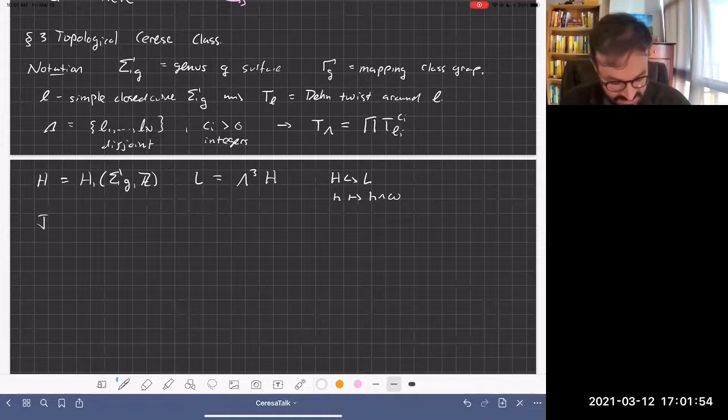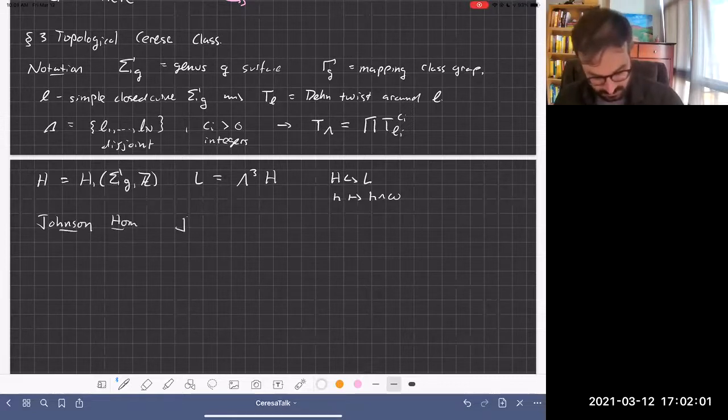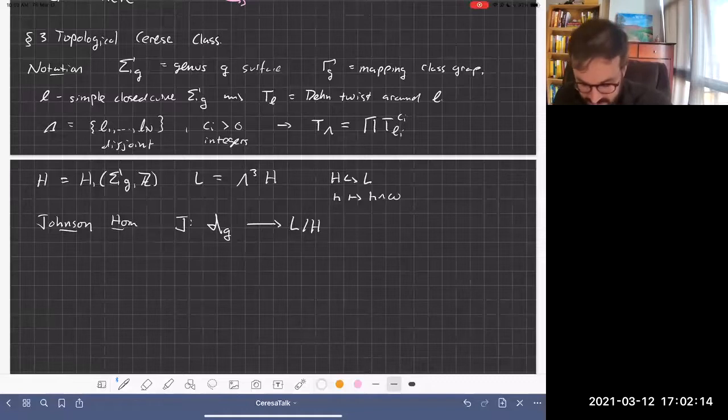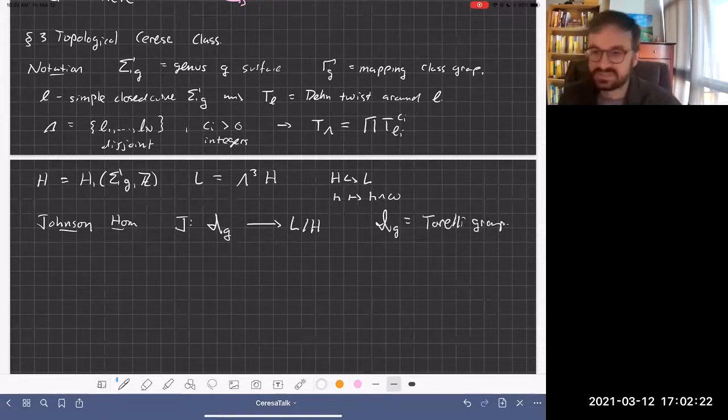So now let's define the Johnson homomorphism. This is a map we'll call J from the Torelli group I_g to L mod H. Here I_g is the Torelli group, the subgroup of the mapping class group of mapping classes that act trivially on homology.